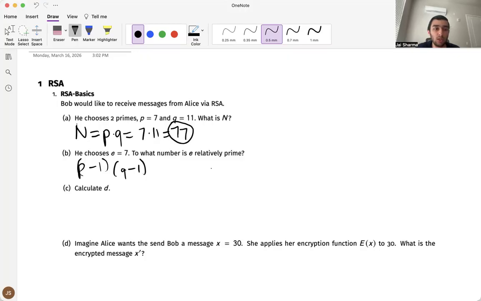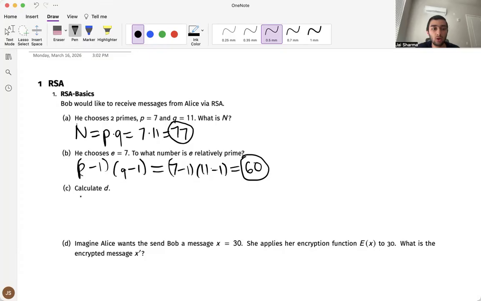Because when we do E, the public key, multiplied by the private key, we want that to be 1 mod whatever this is here, right? And p minus 1 is 7 minus 1, which is 6, and then multiplied by 11 minus 1, which is q minus 1, that becomes 6 times 10, which is 60. So this is the number that E has to be relatively prime to.